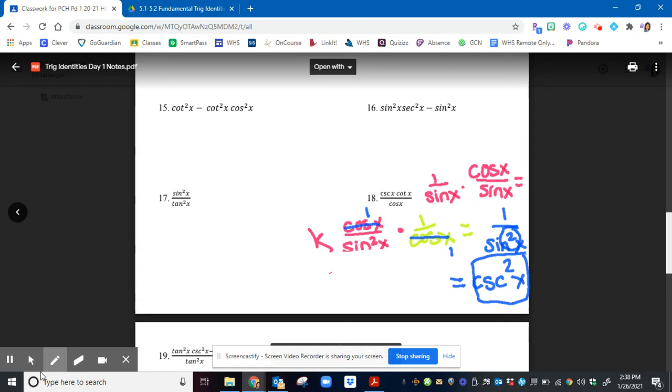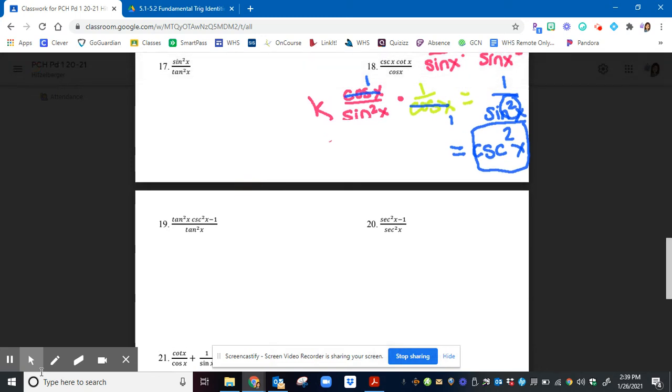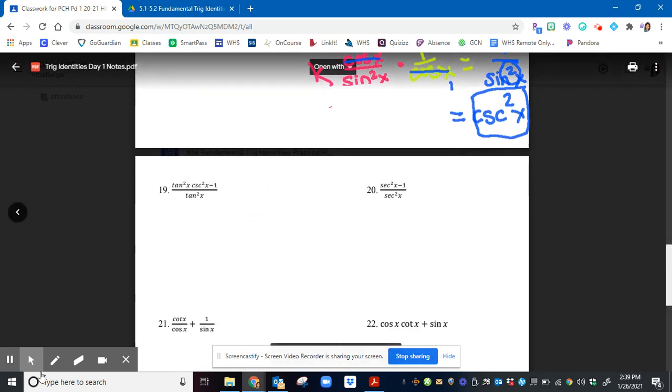So we just have to be careful here that when we do the keep change flip, we add in the 1 and make sure that we put that in when we flip it. All right, so moving along, I'm going to do number 19, and then you guys are going to try number 20.